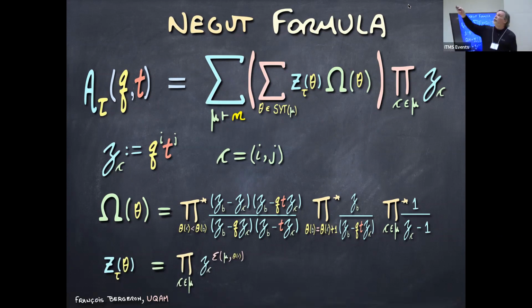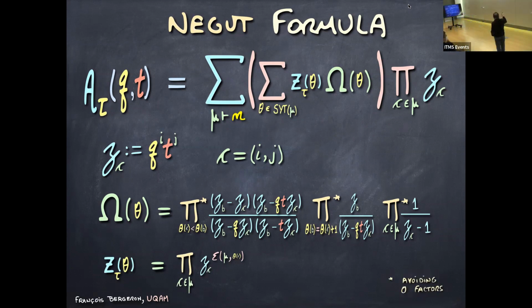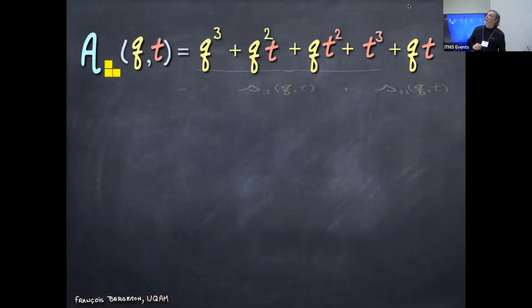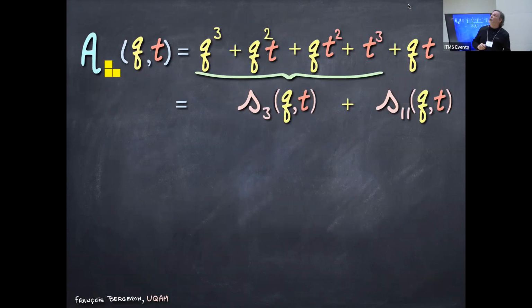I want you to remember this. If I have time, you'll see later that the format of this formula is going to come back. Oh, and there are some technical details: if you see 0 terms here, you just replace them by 1. That's part of the story. Anyway, this is the kind of QT enumeration you get.